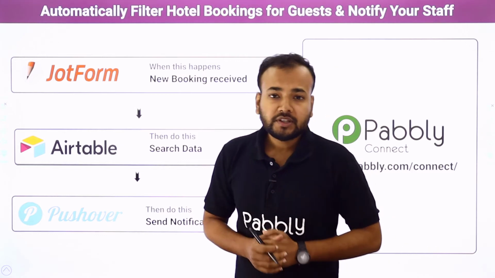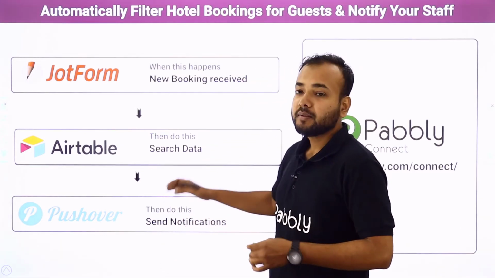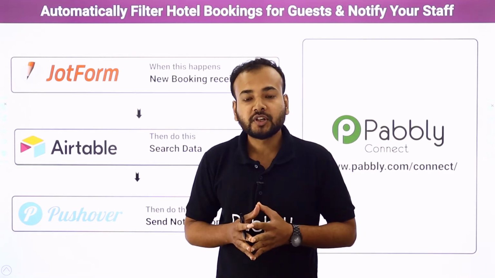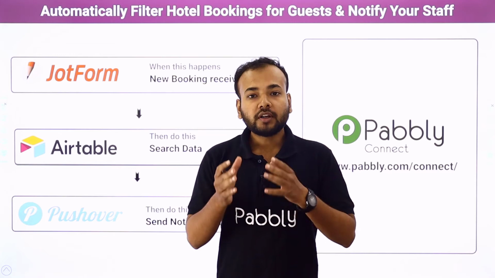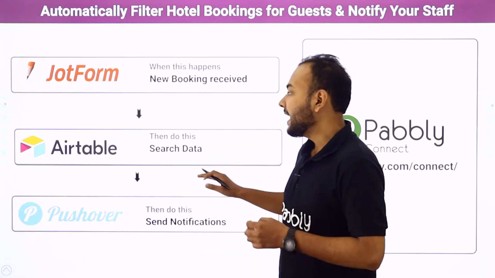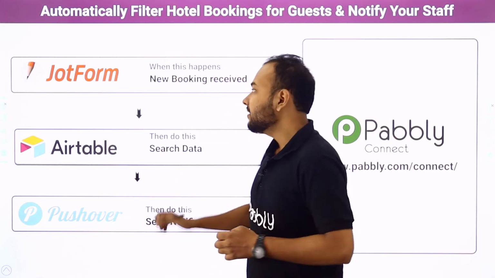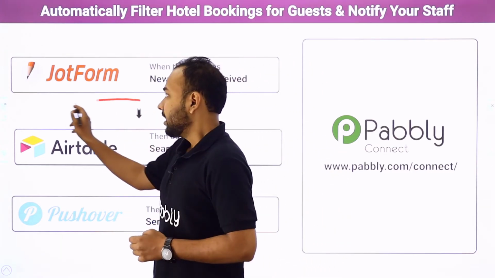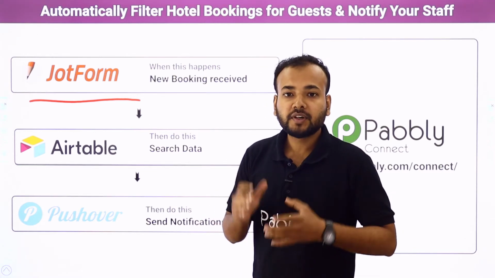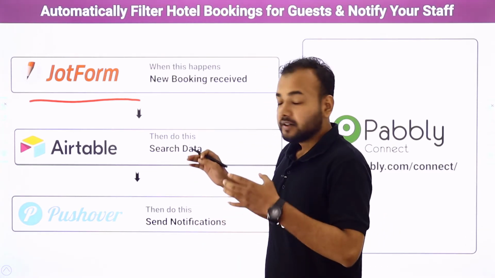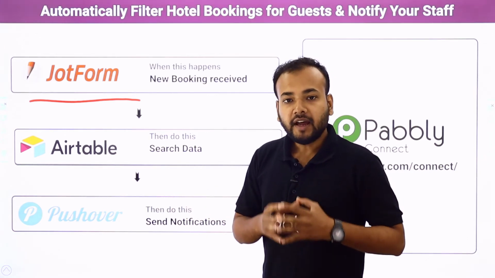Now let's suppose that you are a big hotelier and you have a big database here in Airtable about your past customers, right? And you want to avoid the bad customers or the customers you have in your blacklist in this Airtable database. So as and when you receive a new booking here in JotForm, you want to find out if this person is not among the blacklisted customers we have in our Airtable, right?